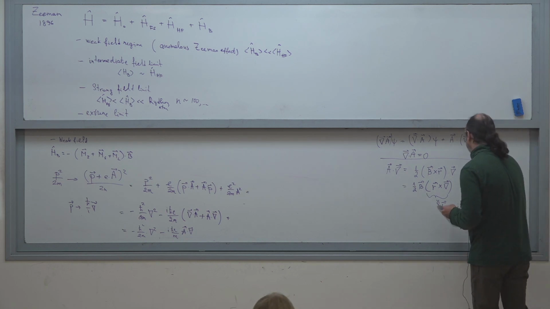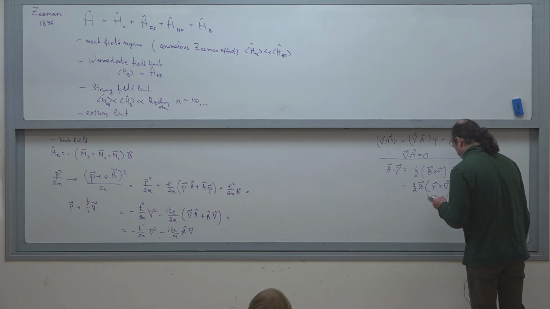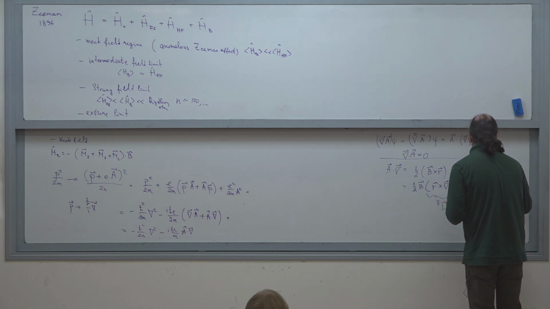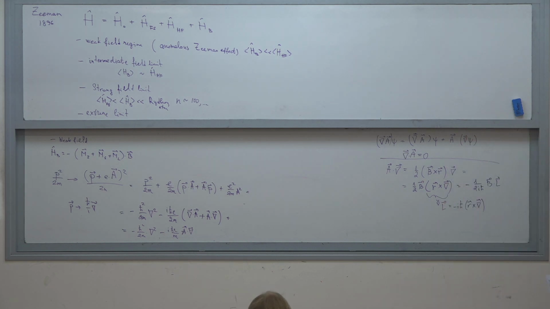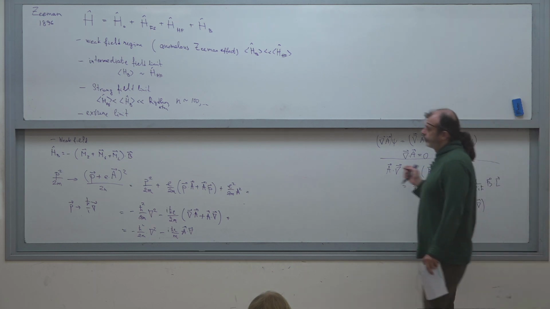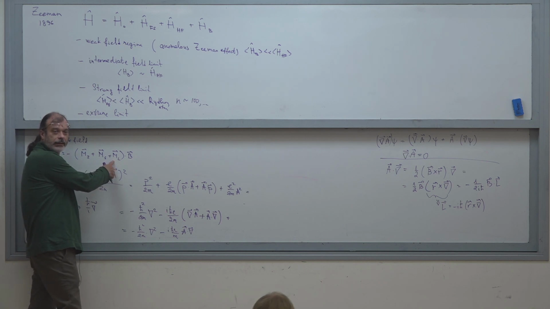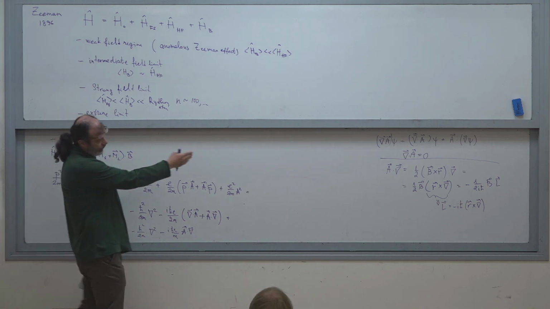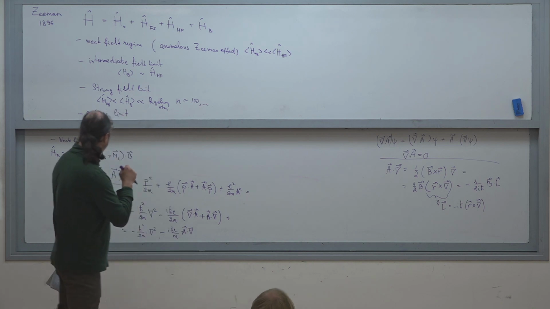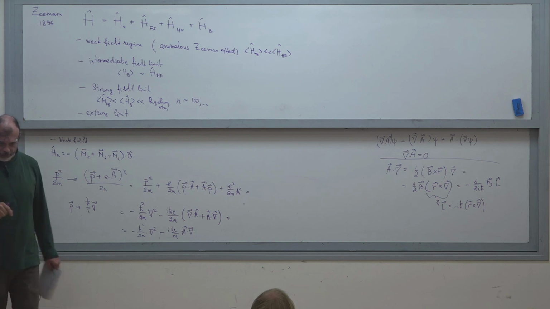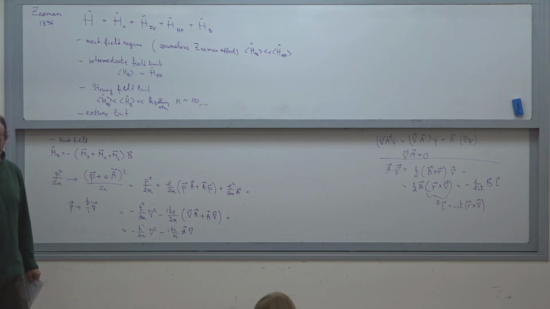And then we get the term at the end, which is minus 1 over 2 i h bar B multiplied by L. So here you see this term of the Hamiltonian that is written by the classical intuition. It's actually derived from the canonical quantum mechanical treatment of the interaction of the system with the magnetic field.